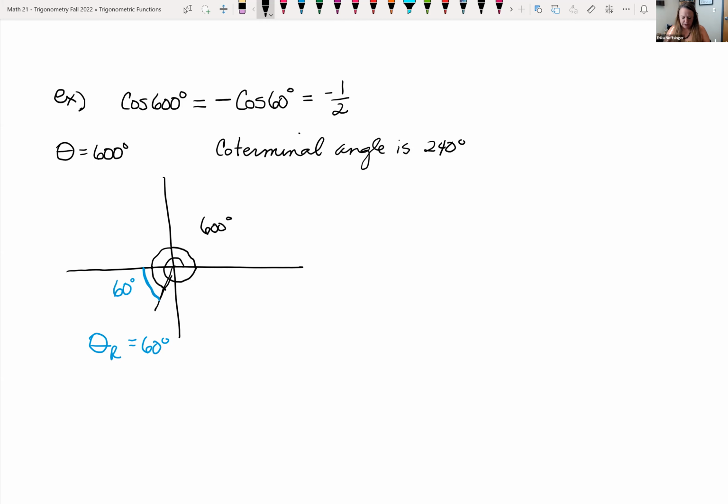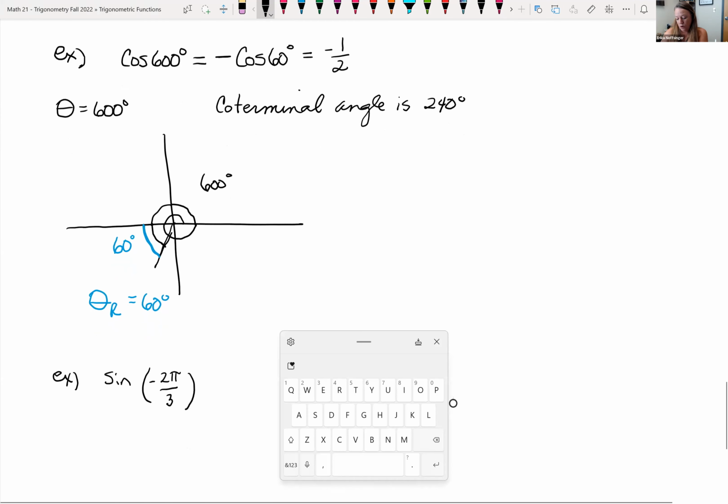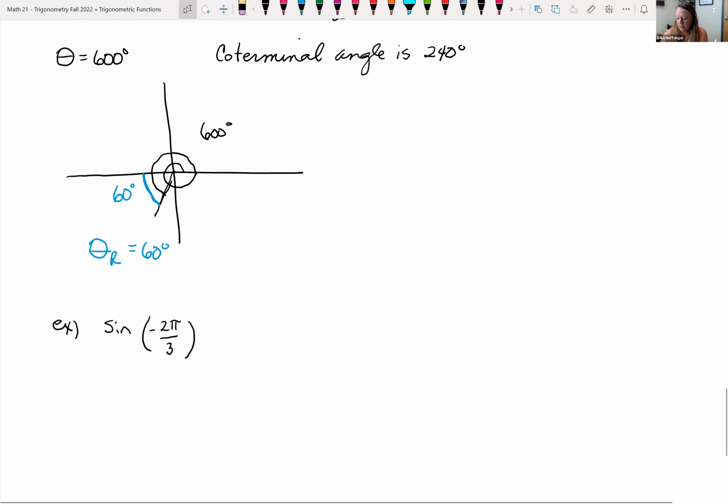So let's look at another one. So let's say they wanted us to find sine of negative 2 pi thirds. So first step, graph your angle.